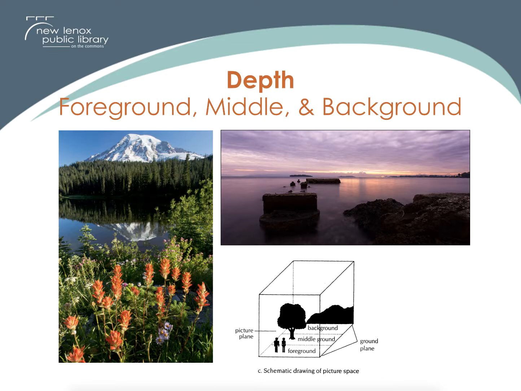the middle ground. So in these photographs, let's say the photo on the left, the flowers in front are in the foreground, the mountain is in the background, and the lake is in the middle ground. On the photograph on your right, you can see that the rocks closest to you and the shoreline, that's your foreground.